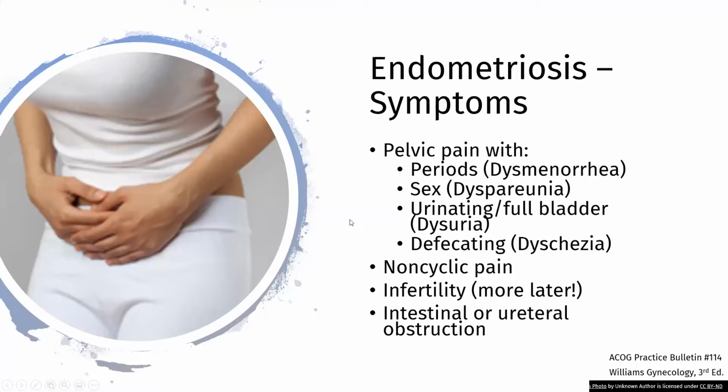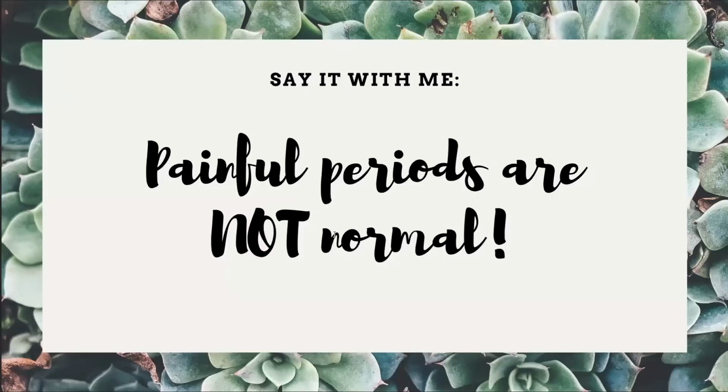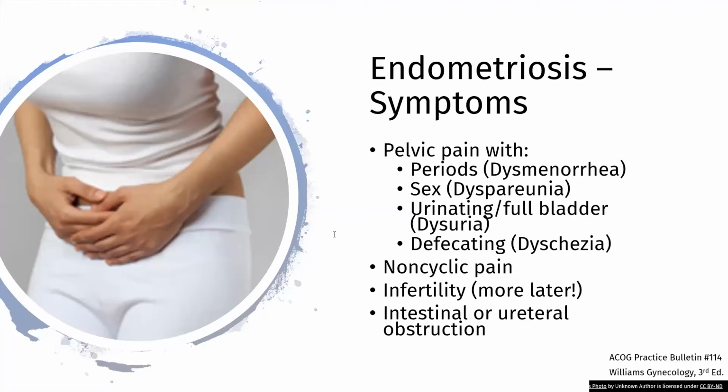So what are the symptoms of endometriosis? The symptoms comprise a few different things, and not all patients have to have all these symptoms. But when I'm teaching medical students, we're typically talking about the 4 Ds. I've put the medical terms in parentheses next to the symptoms that I'm about to explain.